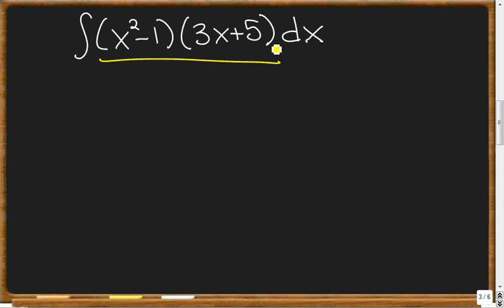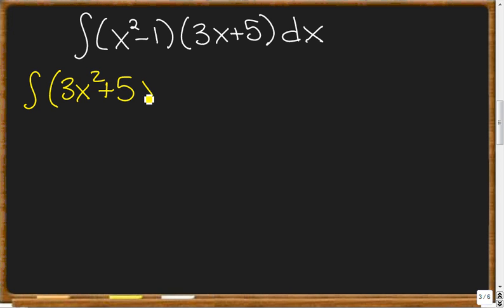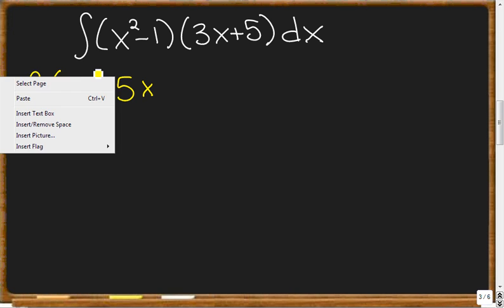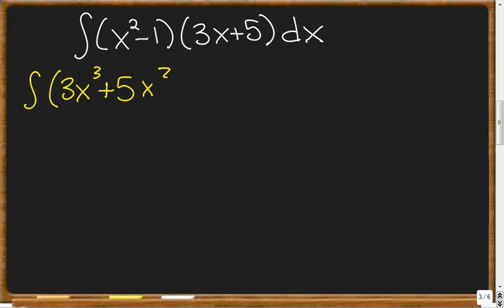Because both of these are to the first power, I think foiling it out first would make the most sense. So this is the same thing as the integral of 3x cubed plus 5x squared minus 3x minus 5.